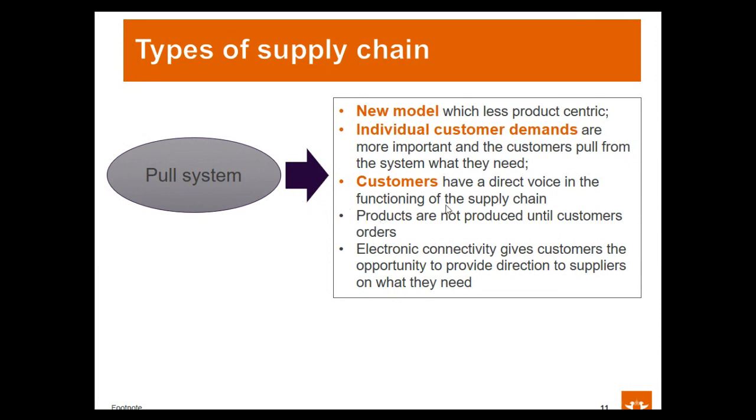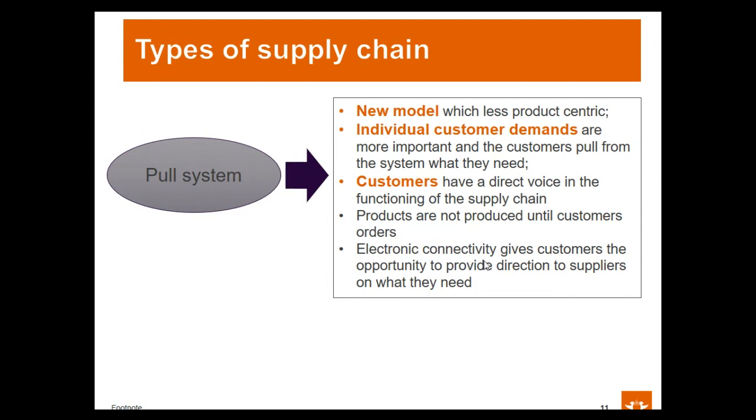That is quite an important aspect, and that is really the main thing, how these two systems are distinguished from one another. Interestingly enough, the reason why we refer to this as a new model is because it is really enabled through electronic connectivity, because through the internet, through customers having a say in products, this whole system has been enabled.